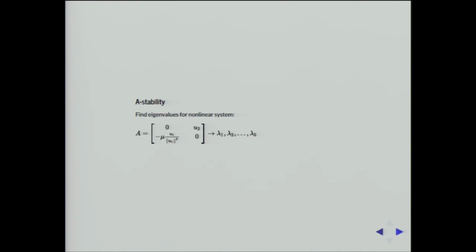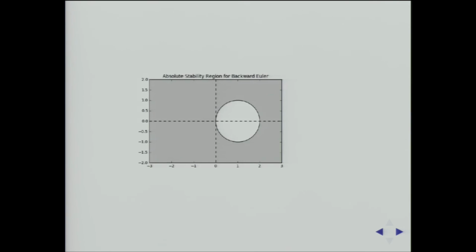For our system, which is a nonlinear system, we can find the eigenvalues, and we can find 5 eigenvalues from here. What we want is for these eigenvalues to be in the absolute stability region, which is the shaded area.